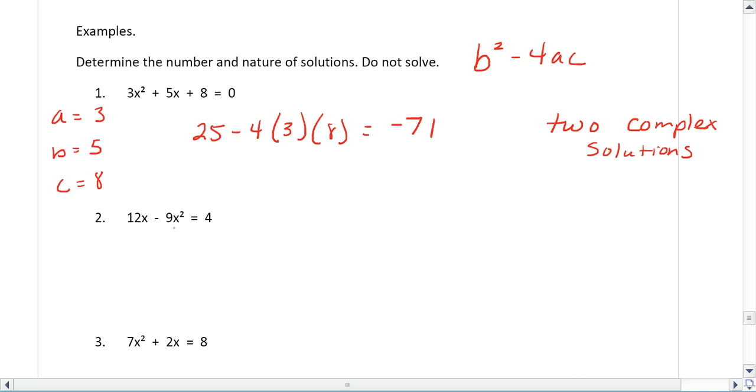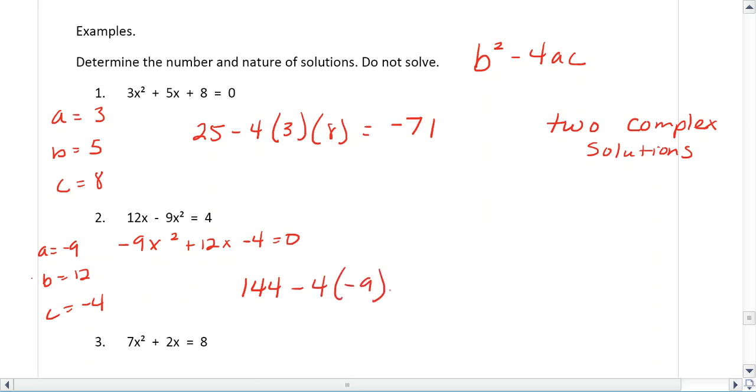So number 12, example 2 rather. Let's put this in standard form. Negative 9x squared plus 12x minus 4 equals 0. Therefore, a is negative 9, b is 12, and c is negative 4. So the discriminant becomes b squared, which is 144, minus 4 times negative 9 times negative 4.